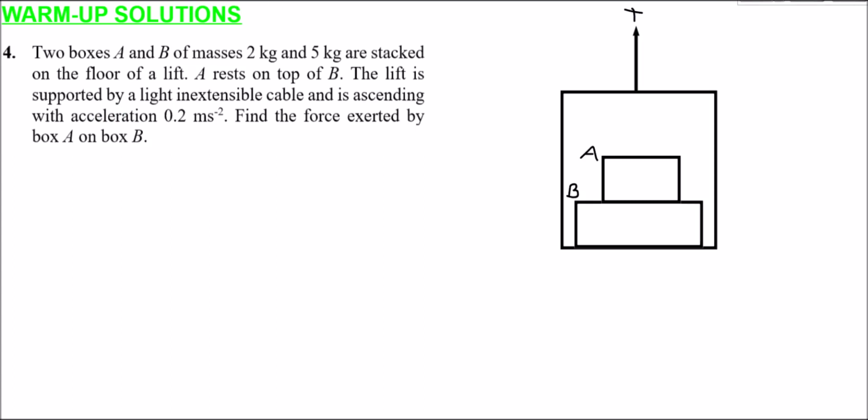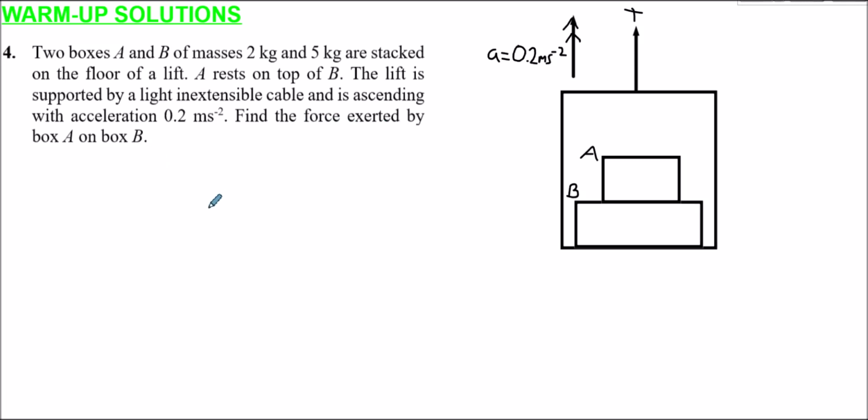So if we know that, we may as well label this in. So the acceleration is going that way and has magnitude 0.2 meters per second squared. We're asked to find the force exerted by box A on box B.